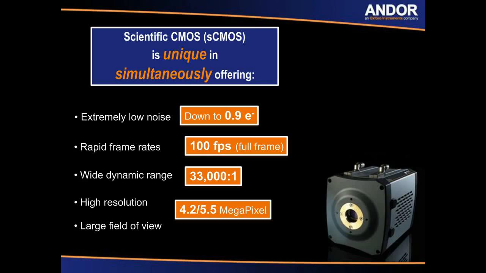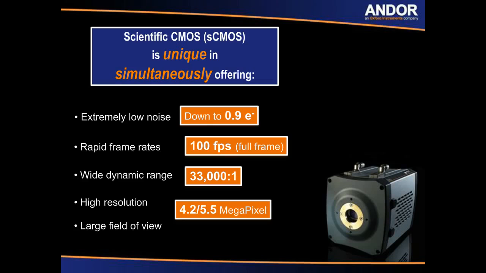They also have very, very fast frame rates. So if you're using the full field of view, for example 4.2 megapixels, which is a huge area, you can achieve 100 frames per second, and that's very, very fast. Obviously, if you're using smaller regions of interest, you can go even faster.